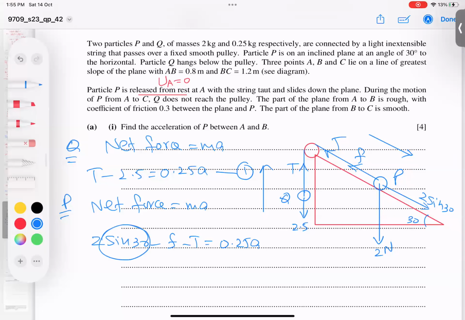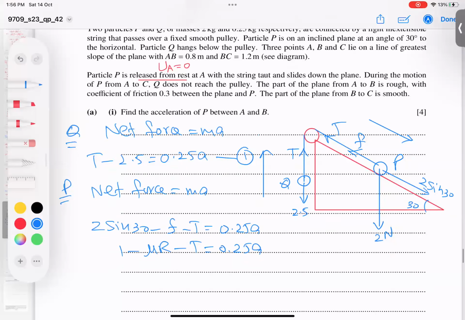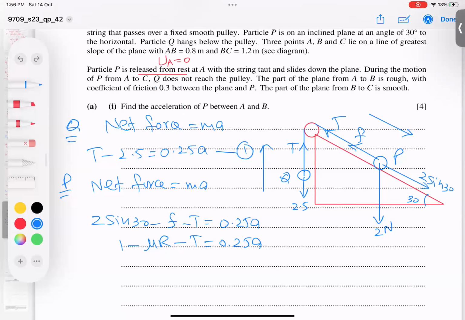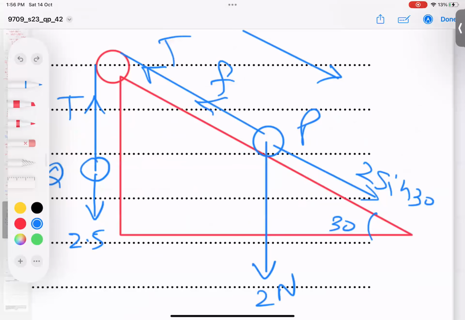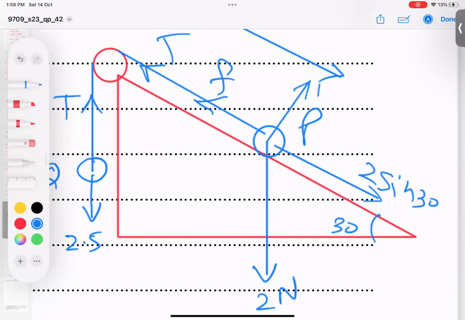And sine 30 is half, the half cancels, I got a 1. But the problem is F is equal to mu R, and T as it is. What is mu? Mu is given by him as 0.3. But R is very interesting. R is naturally upwards and the weight is downwards, and they are always balanced, and that is 2 cos 30.